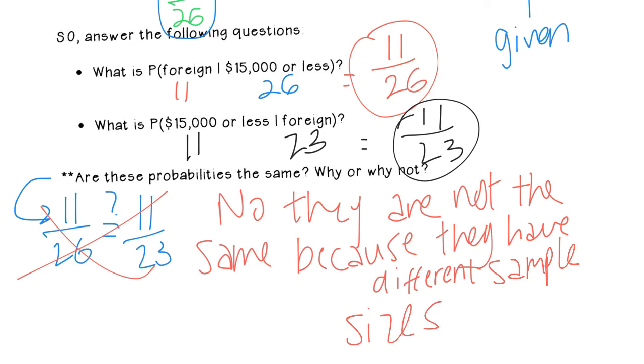And remember, sample size is just a fancy word for our denominator in conditional probability. So 23 and 26 are my sample sizes. Because those are not the same value, they are not the same probability. They will not give us the same percent.